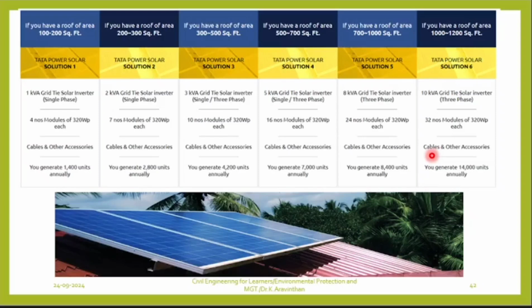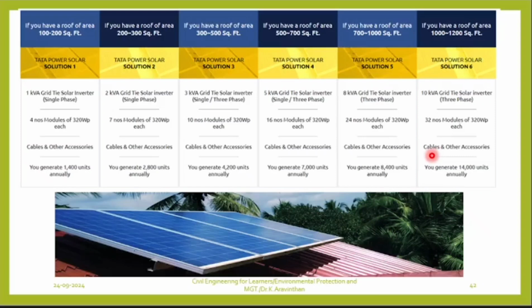35,000 rupees. Imagine, do you know what power was consumed in your house last month? How many units of power are being consumed? How much free electricity is given by the government? 200 units. So everybody will consume less than 200 units, I hope.